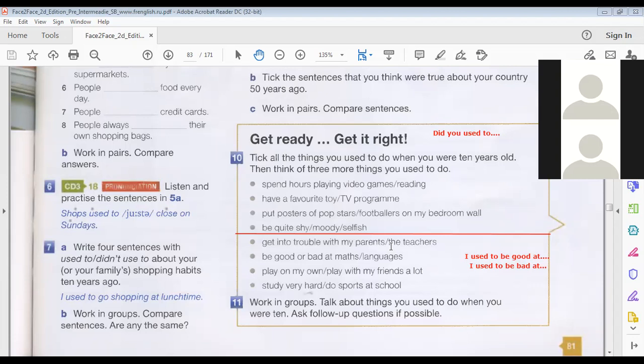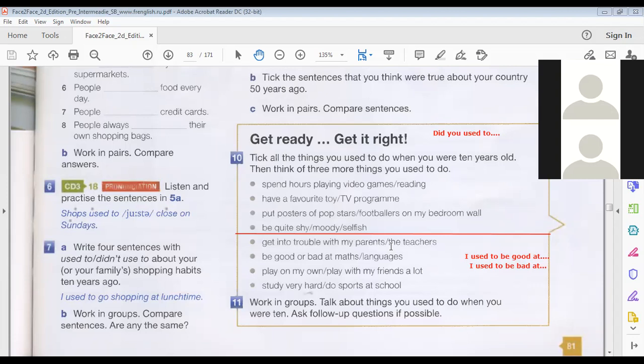Did you used to be moody? Yes, I used to be moody. But are you still moody or did you used to be moody? There's a difference. Yeah, I'm still moody. Okay. All right.